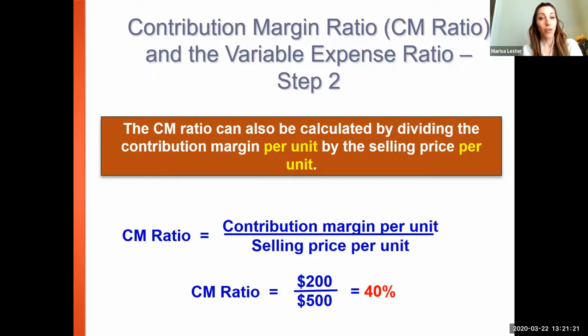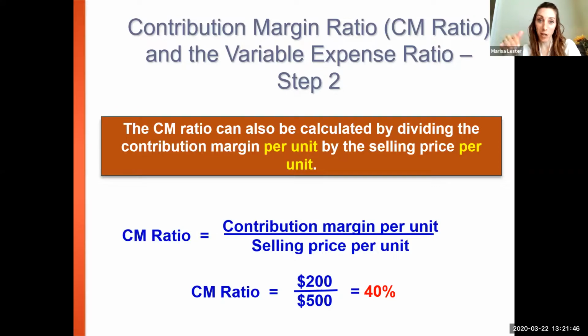I can also use my per unit calculations in calculating my CM ratio. The ratios will not change if your sales price doesn't change and your variable cost per unit doesn't change, right? Because my per unit is the same ratio as my totals. How do I get from per unit to total? I multiply sales price per unit times quantity. I multiply variable cost per unit times quantity.